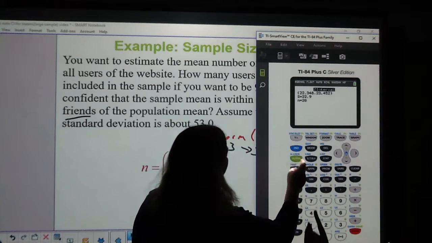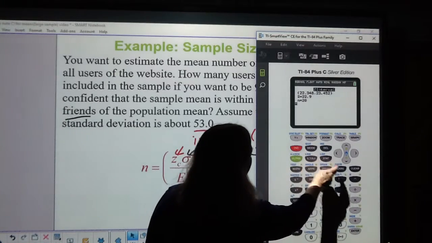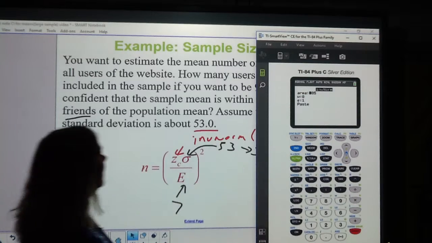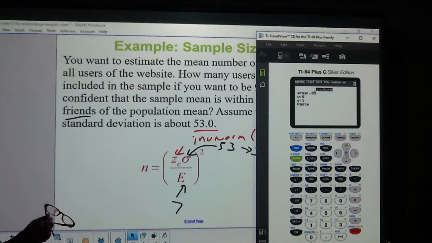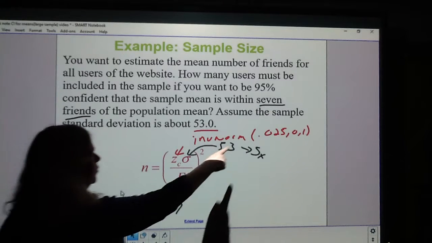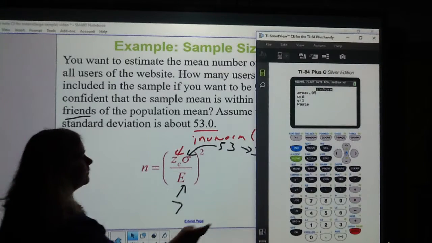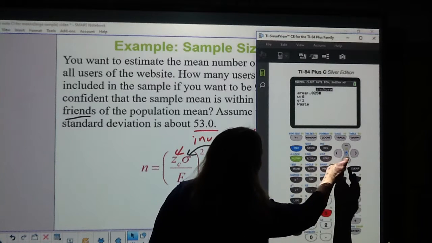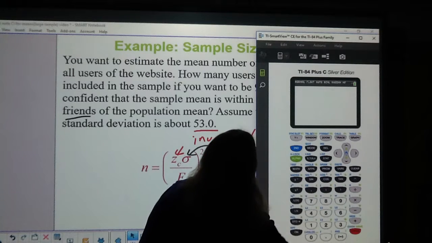I have my Z value, so I have inverse norm, so second distribution, inverse norm. And on this inverse norm, remember we're 95% confident, so 0.025. So there's that.